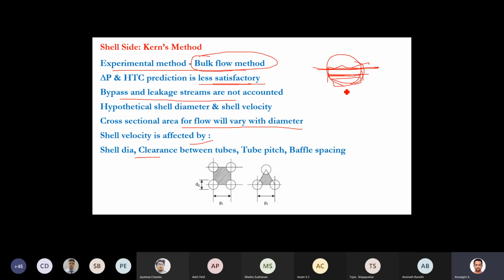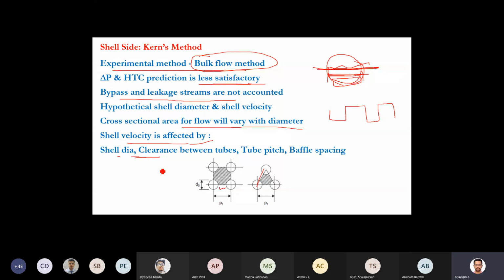It is continuously flowing like this, cross flow, no? So the velocity is continuously changing inside the exchanger. The shell velocity is affected by the shell diameter, the clearance between the tubes, the tube pitch, then the baffle spacing. All these matter when you calculate the shell velocity.